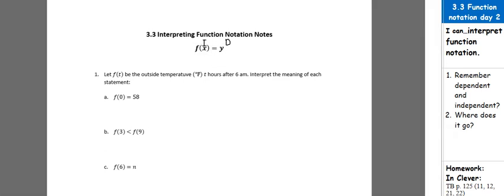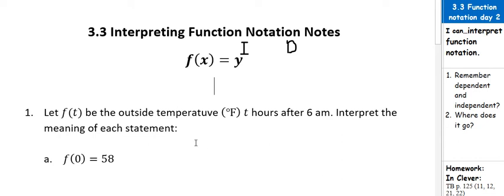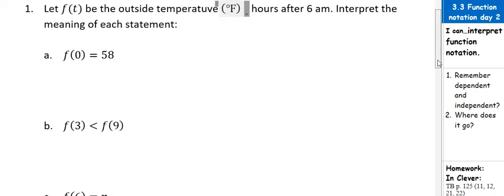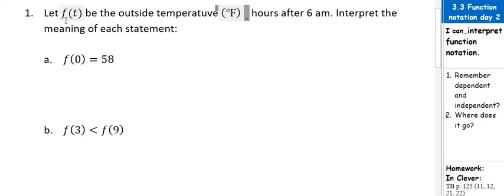Okay, now let's take a look. It says here, let f of t be the outside temperature in Fahrenheit t hours after 6 a.m. Interpret the meaning of each statement. First, we need to identify what is our independent and what is our dependent.